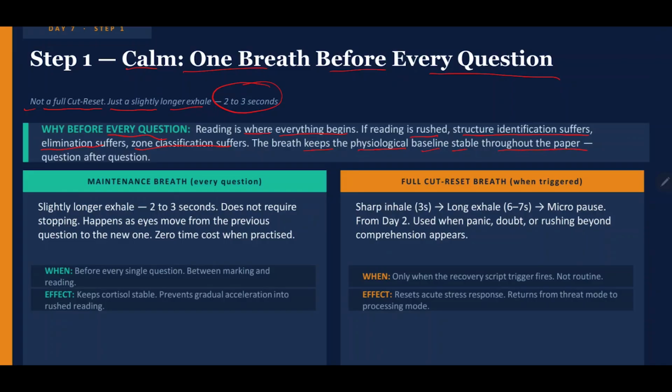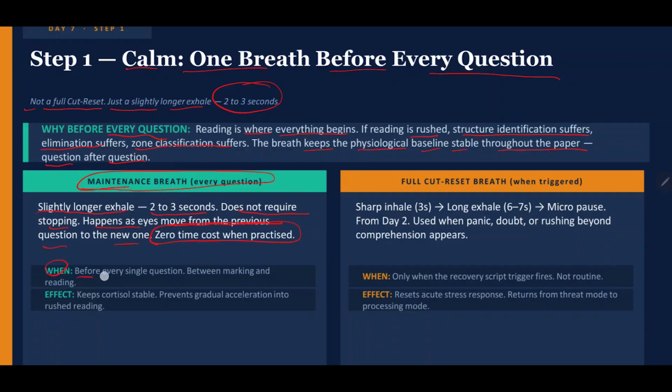Throughout the paper, question after question, take one breath and exhale for at least 2 to 3 seconds. So, a maintenance breath every question. A slightly longer exhale does not require stopping. It happens as the eye moves from the previous question to the new one. So zero time cost when practiced.